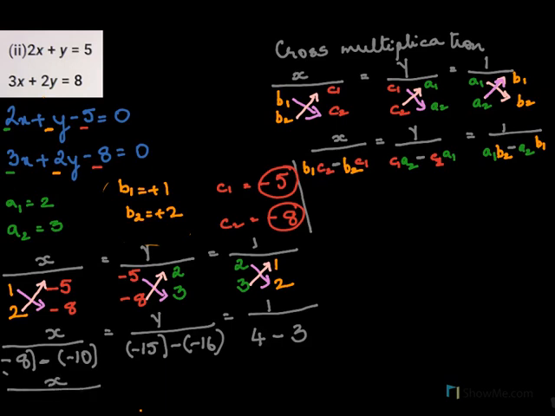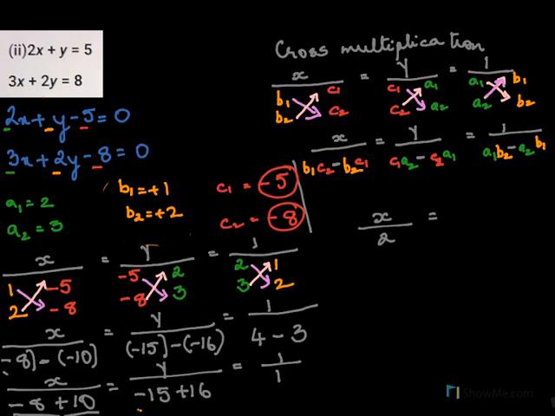So we continue, x over minus 8, minus into minus is plus, plus 10, and this is y over minus 15 plus 16 equal to 1 over 1. So that is x over minus 8 plus 10 is 2, and minus 15 plus 16 is y over 1, and this is 1 over 1.